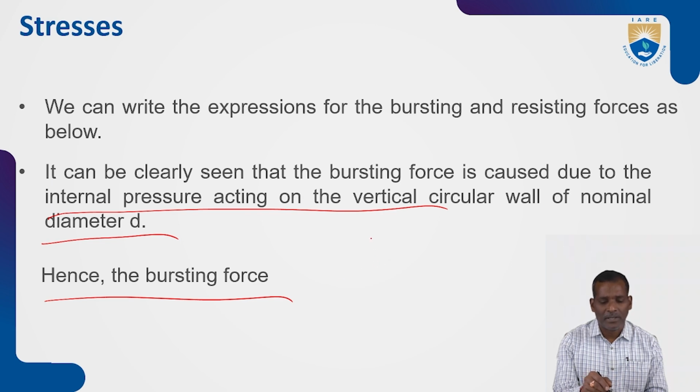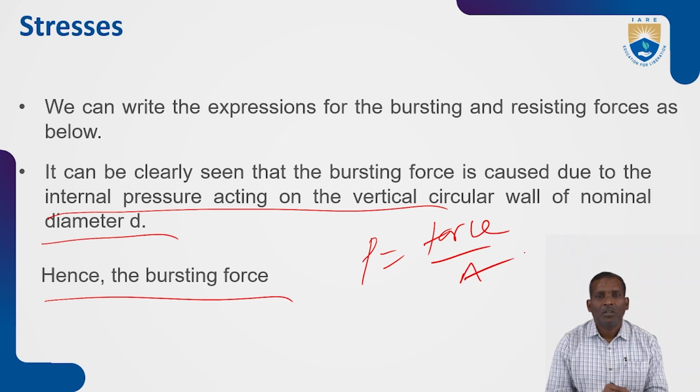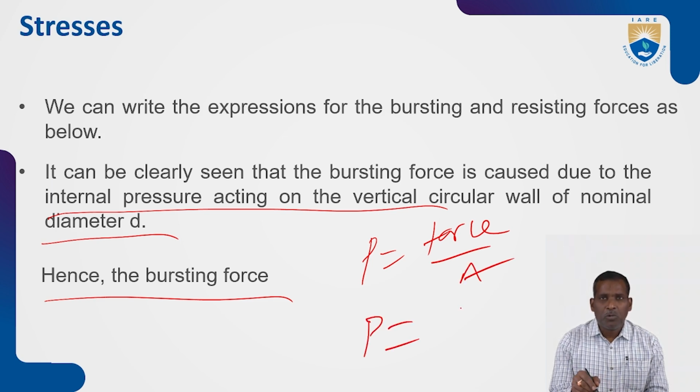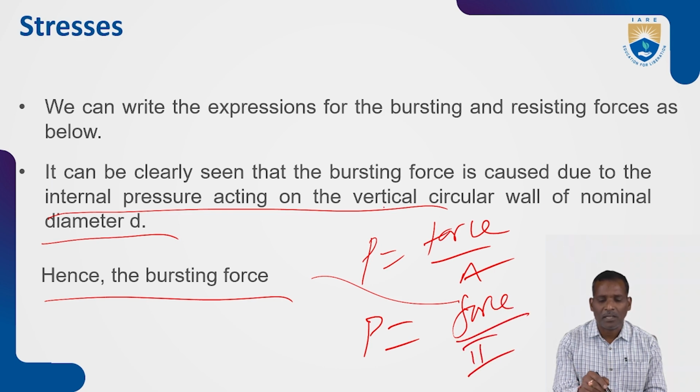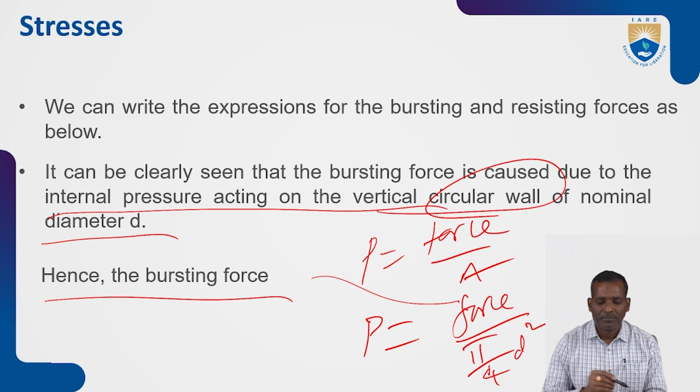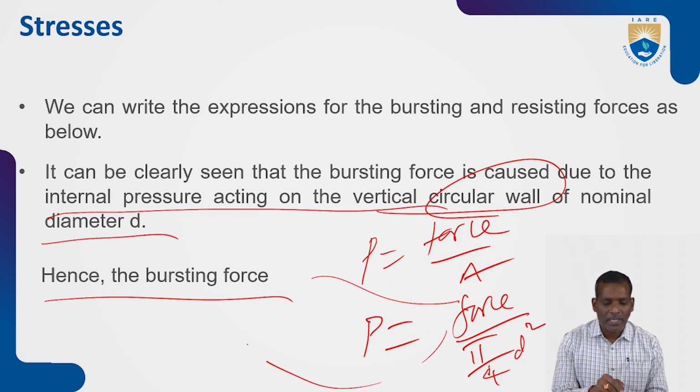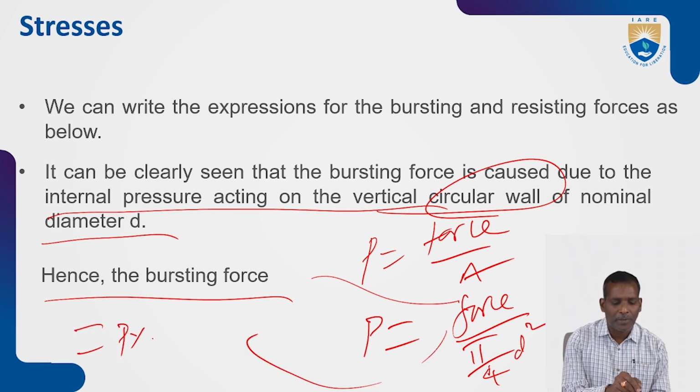The internal pressure is equal to force per area. So the bursting force is pressure times area, and the area is the circular wall, pi by 4 d square. So the bursting force is equal to P into pi by 4 into d square.